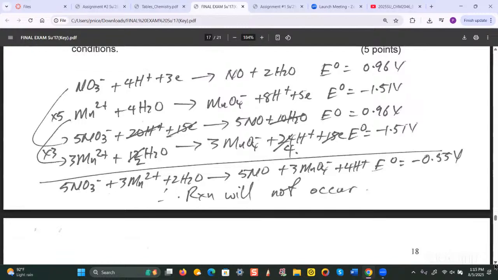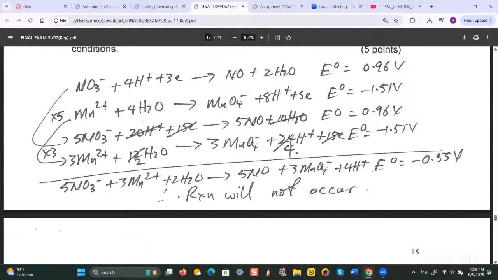So why did we flip the second equation, the Mn and 4 H2O? Because, okay, you're talking about this equation right here? Yes. Okay, because it's a redox reaction, right? You can't have one reaction where electrons are being used and another reaction where the electrons are also being used.